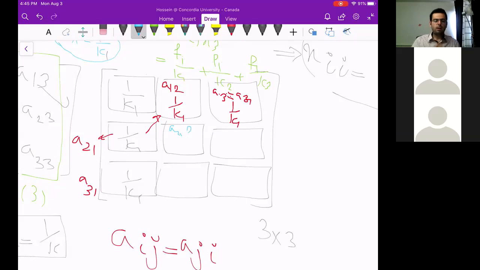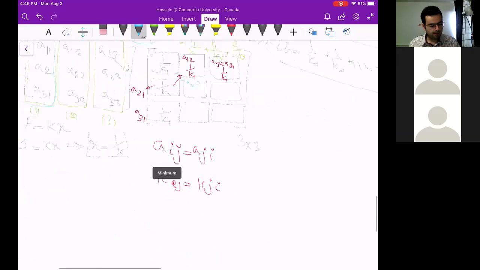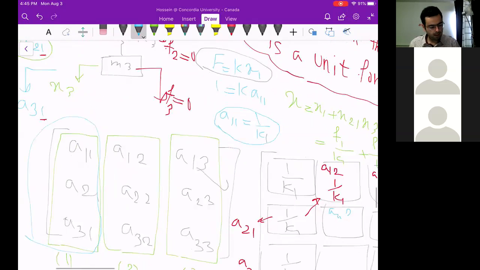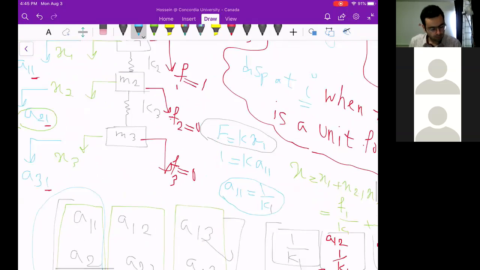A22 means displacement at mass 2 when we apply a unit force at mass 2. So in the second case, there is zero force here, there is a unit force at mass 2, and zero external force at mass 3. So when there is a unit force at mass 2, what is the displacement of all masses?